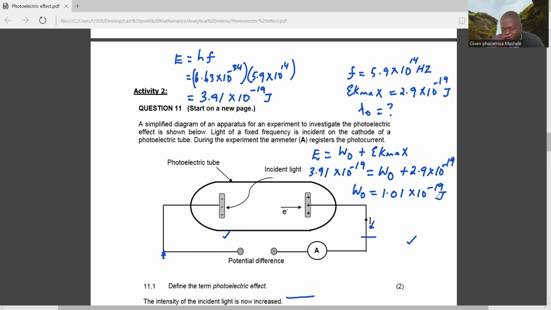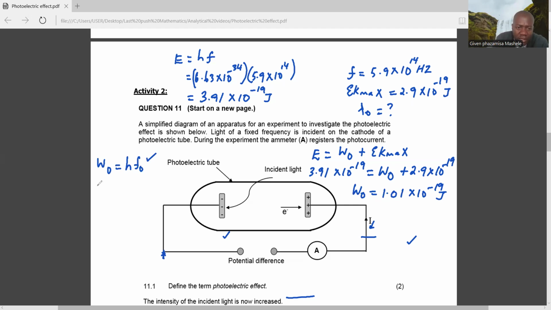But it's not what we want. We want to calculate the cutoff wavelength. The cutoff wavelength is what we want to get. So to do that, we know that the work function is equal to Planck's constant and the cutoff frequency, but we don't want this.